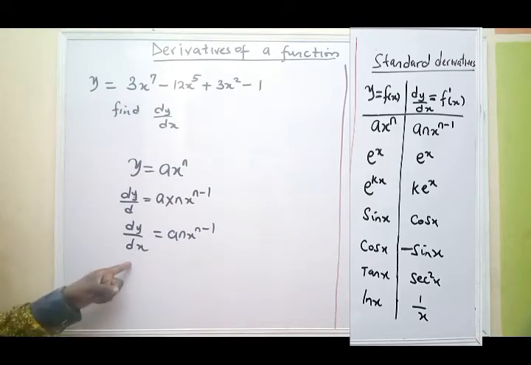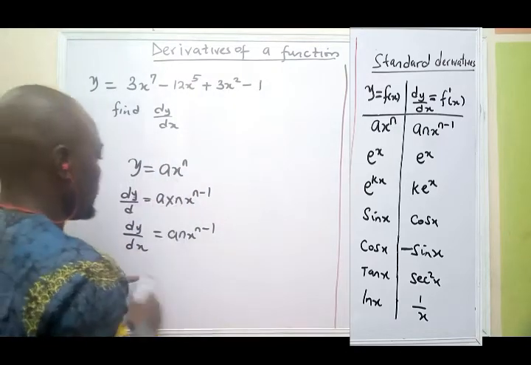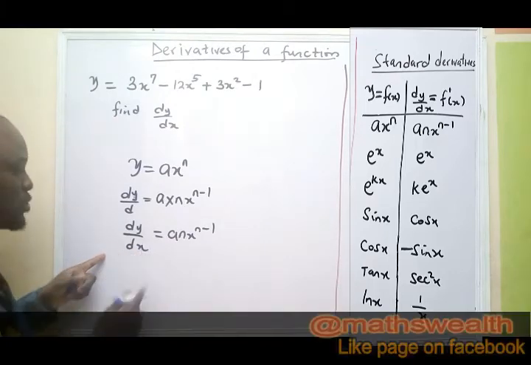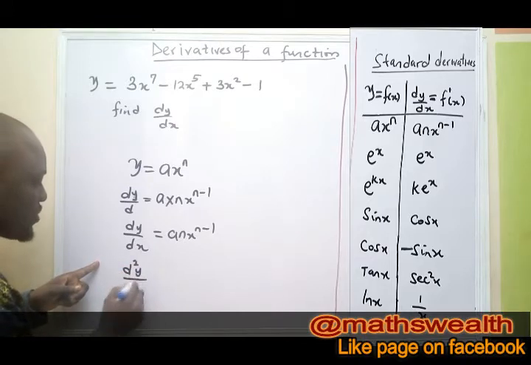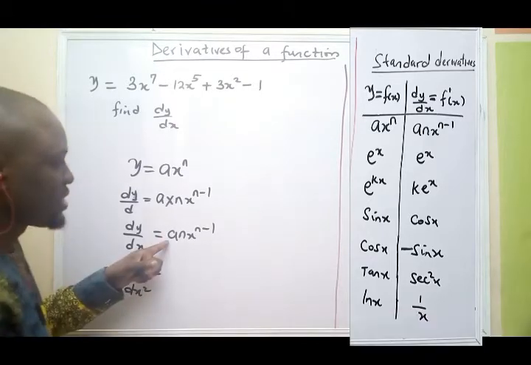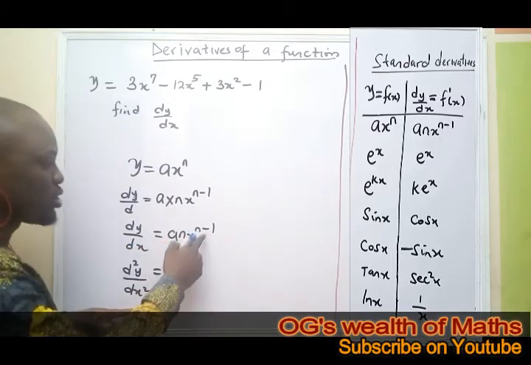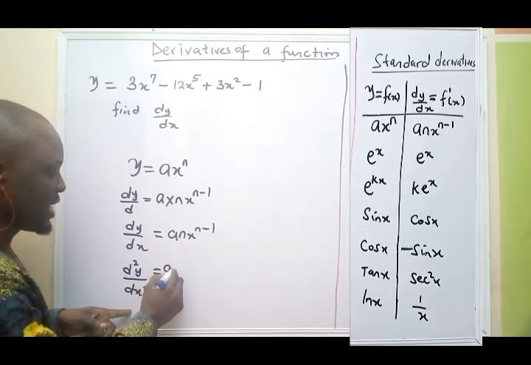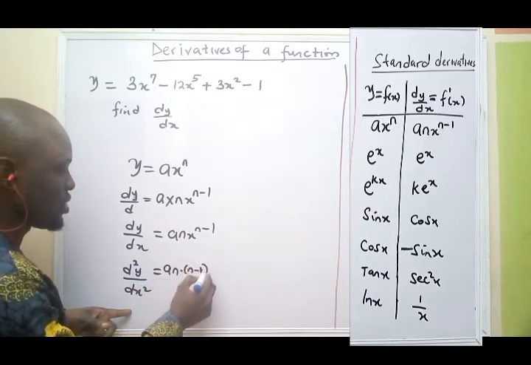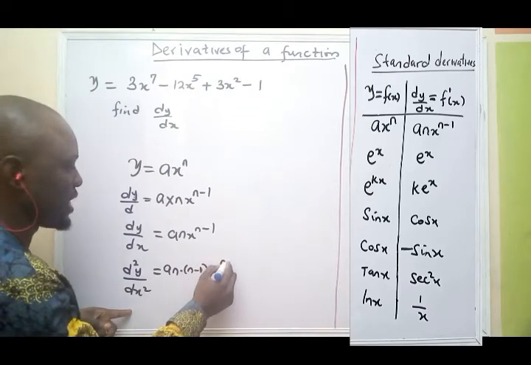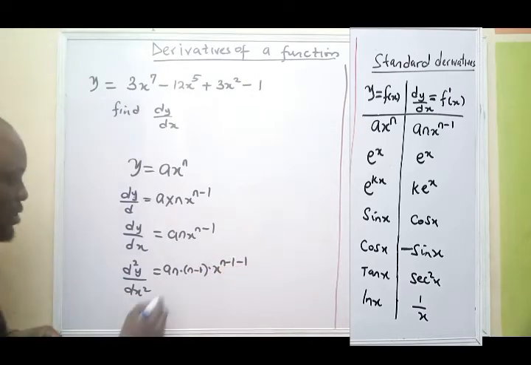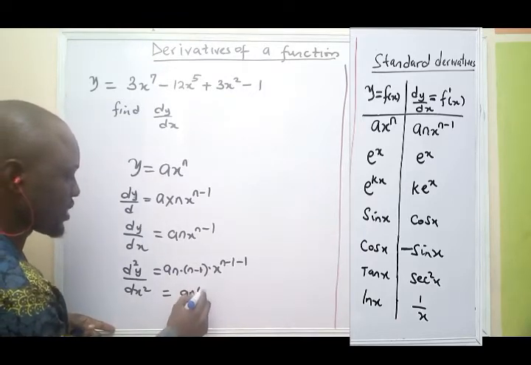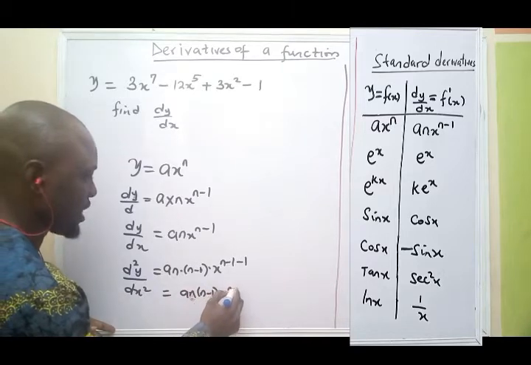I can get the second derivative of this function. If I want the second derivative, it means I'm going to differentiate this function a second time, so I'm going to do d²y/dx². The power is n minus 1, so I'm going to multiply the power by the coefficient, which is an. Now I'm going to do a·n·(n minus 1)·x raised to the power n minus 1, and I'll subtract 1 from the power. So my result will be a·n·(n minus 1)·x raised to the power n minus 2.